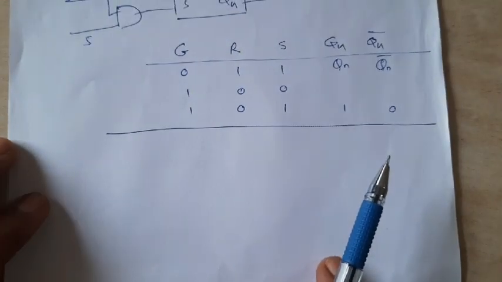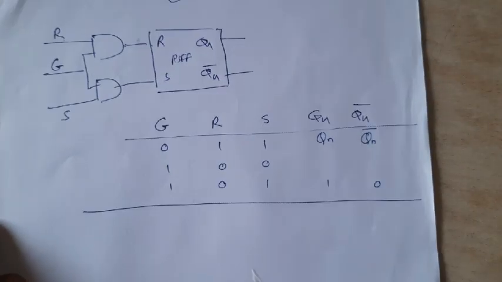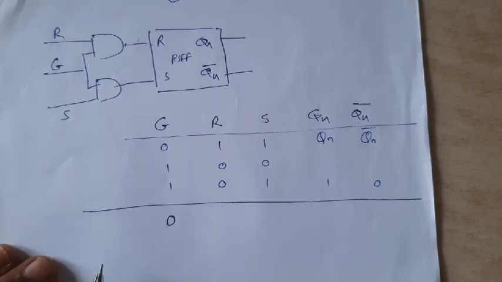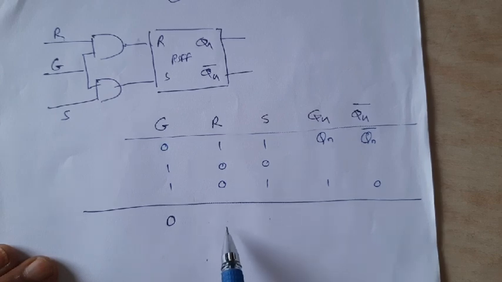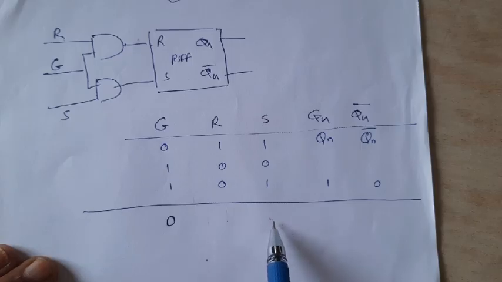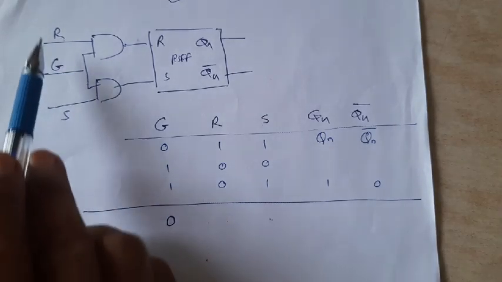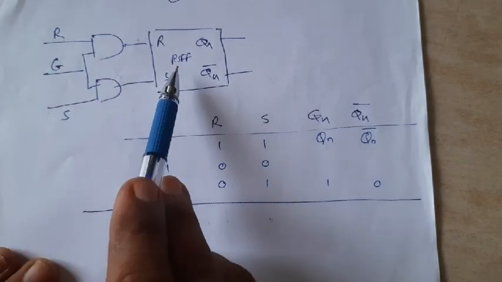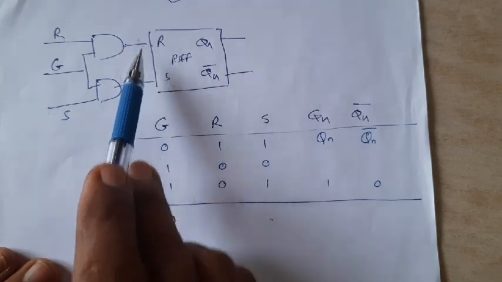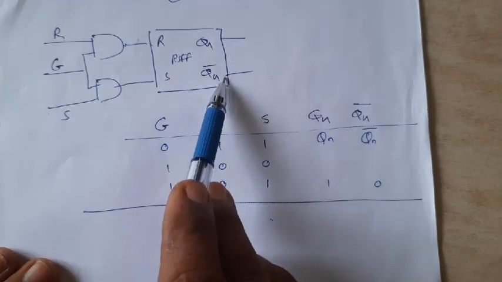And so, while preparing a truth table, what will I do? If gate is 0, for any combination of R and S, that means actually here there are 4 combinations: 0 0, 0 1, 1 0 and 1 1, the input to the RS flip-flop will remain 0 and so the output remains as it is.